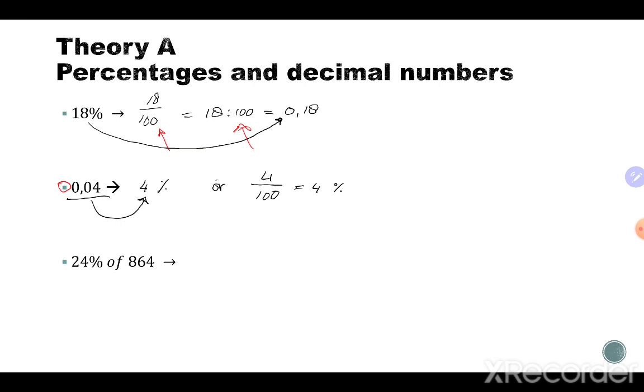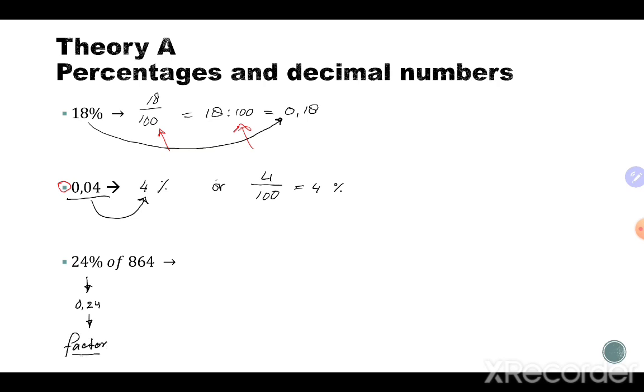A bit later, you're going to work with percentages. Say you want to know what is 24% of 864. If we make a decimal number from 24%, it is 0,24, and that is a factor.